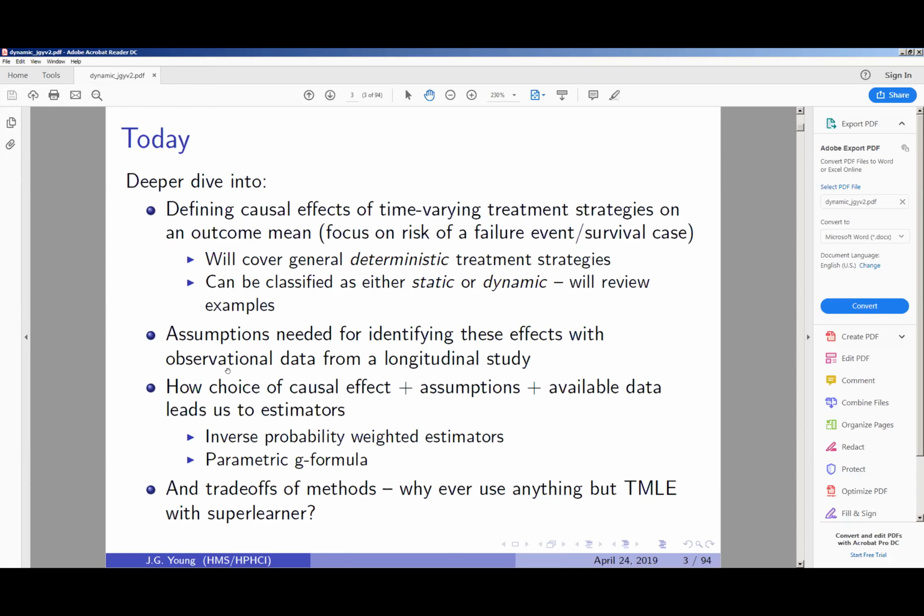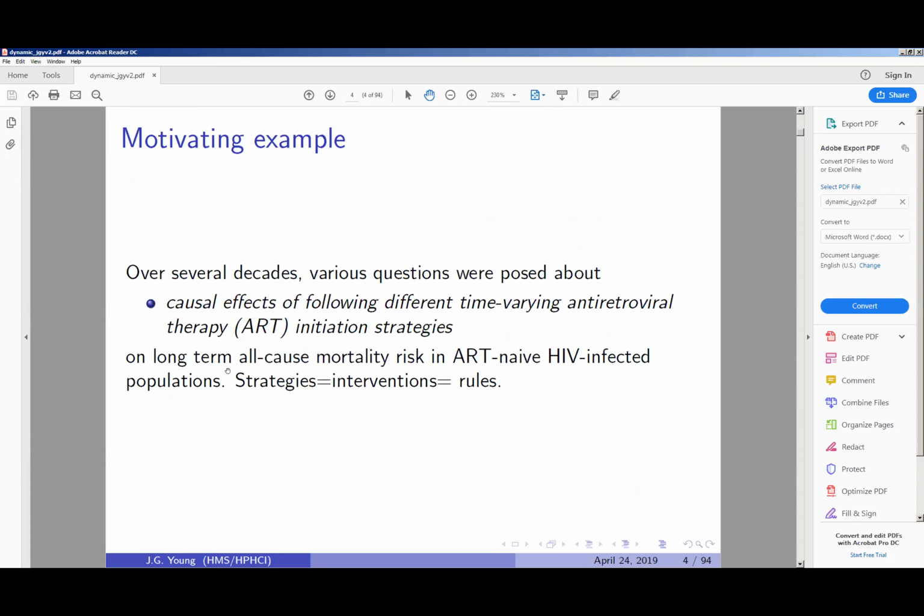Yi mentioned that there were a lot of questions at the end of Maya's talk about how do we choose between these methods given the theoretically optimal properties of TMLE plus superlearner. Why would we ever use other methods? And I'll give my thoughts about that.